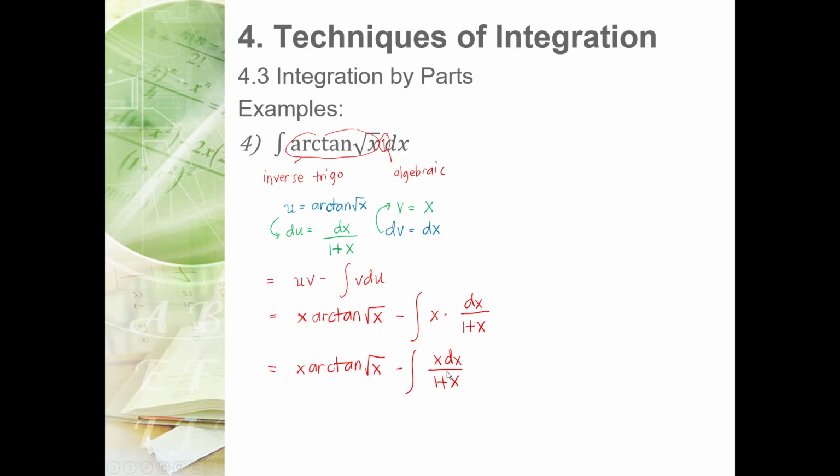So again, looking at the term with the integral symbol, that's x over 1 plus x. If you have the same degree or exponent in the numerator and denominator of your fraction, you may use long division. So 1 plus x, let's use long division.